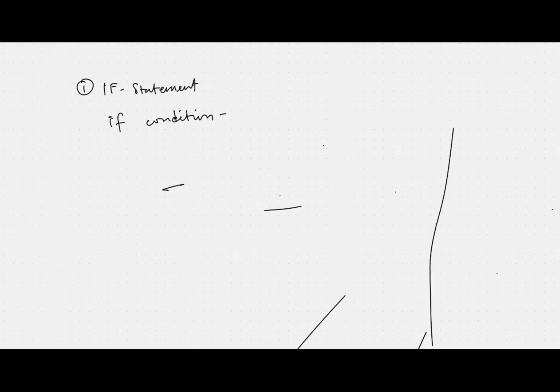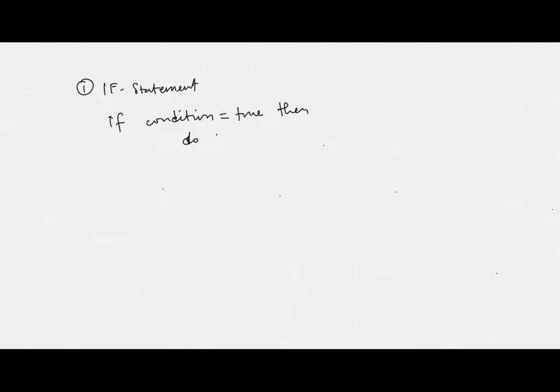Then what we want to do is that we want to do the statements below. Then you end the if. So we can look at this as the syntax, something like this.